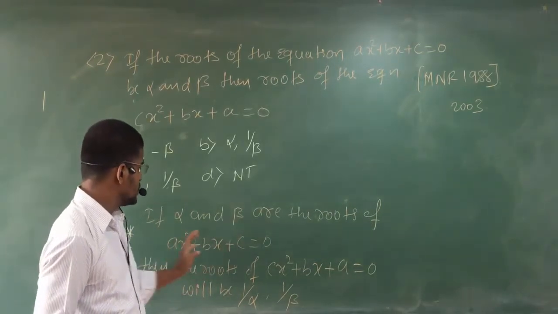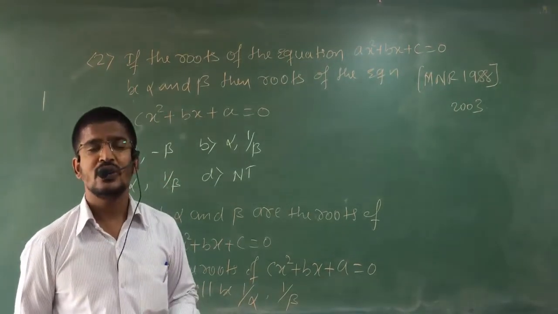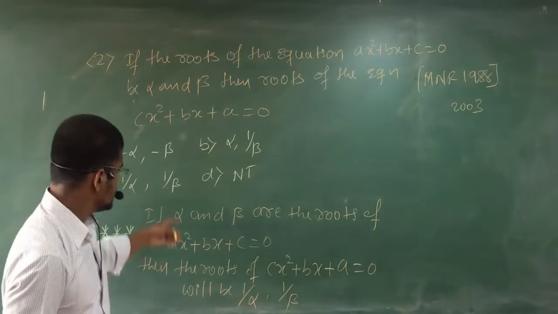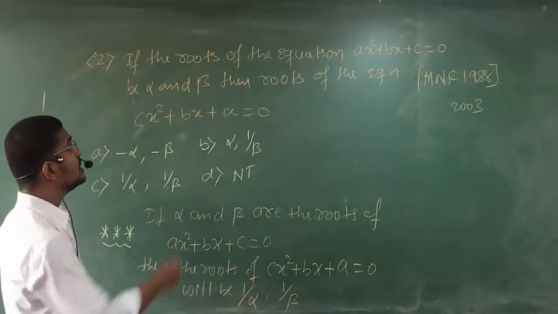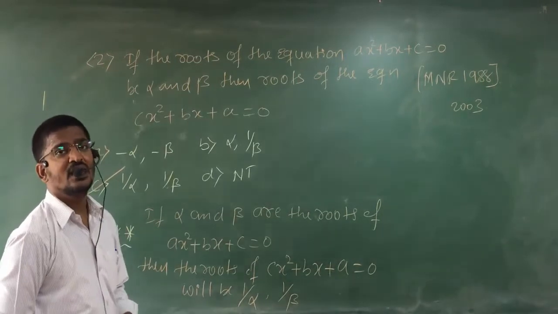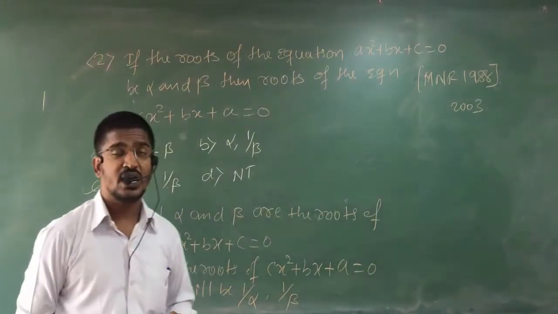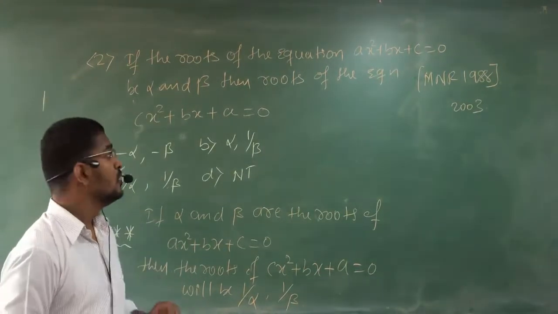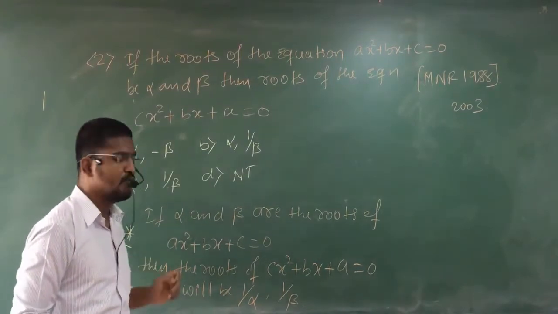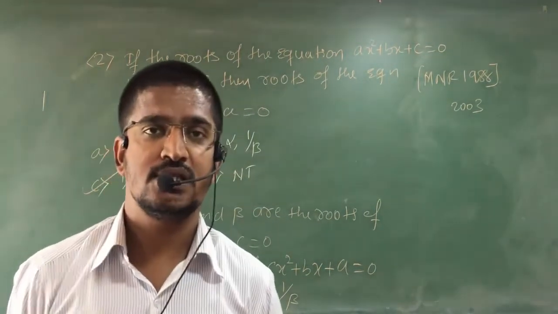If I interchange those two terms, the new roots are going to be 1 by alpha comma 1 by beta. So you just remember this statement in this type of questions so that you can answer it very quickly. Therefore here option C is the correct answer for your second question. So make this note, very important. Clear? Let us go to the next question.